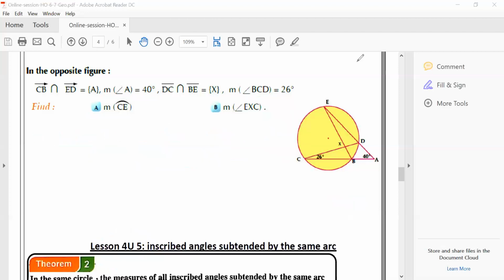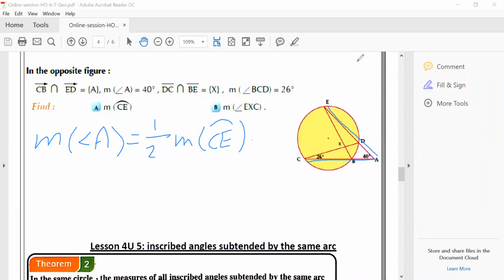The second one, I am using the angle which is outside. I have a rule that says measure A, the angle outside the circle formed by two intersecting chords, equals half CE, the major arc, minus the minor one, which is BD. In this case I have measure A and I got measure BD 52.